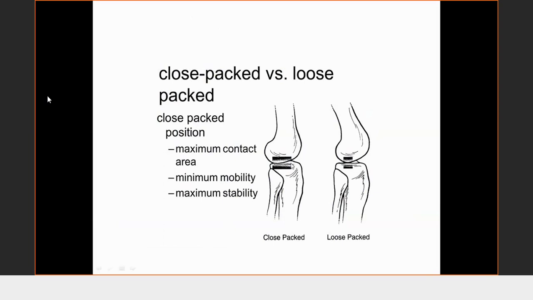So this joint is called closed pack and this is known as the loose pack position. Now what are the advantages of the closed pack condition? There is maximum contact area, minimum mobility and maximum stability. And the opposite of that: minimum contact, maximum mobility, and minimum stability. So this is the closed versus loose pack position of the joint. Okay, any confusion till now?